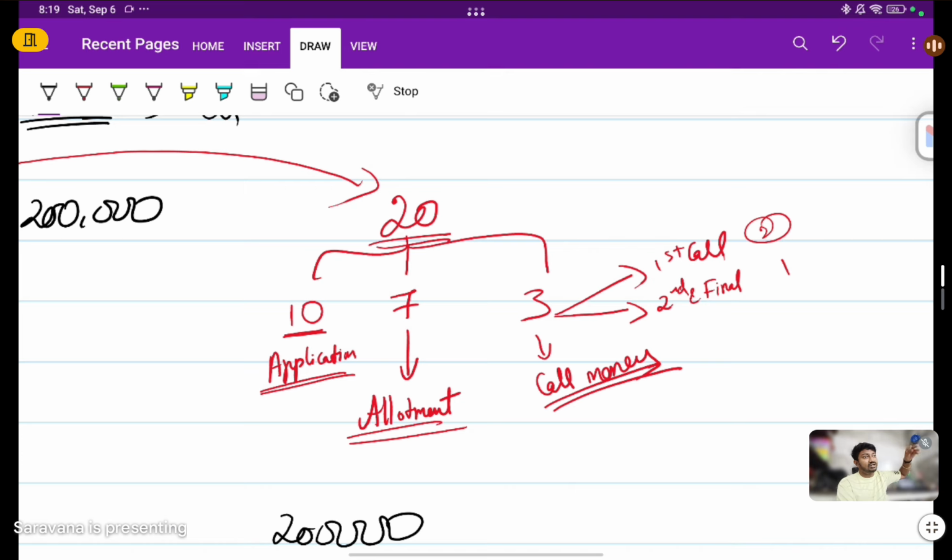Even the first and final call can be divided further into first call, second call, third call and final call. The last call will be the second and final call. If the third is the final call, it is the third and final call. Now only two calls are there: first call, and second and final call. Whenever there is a final call, we should mention it as final call.